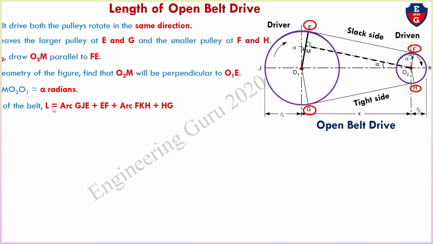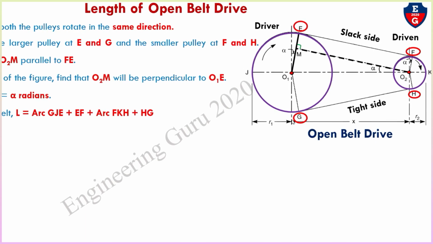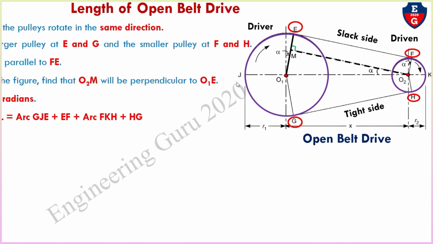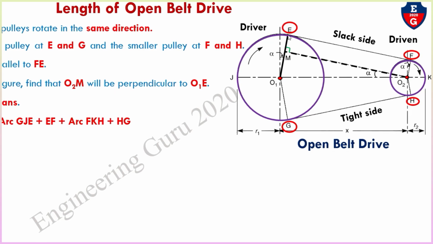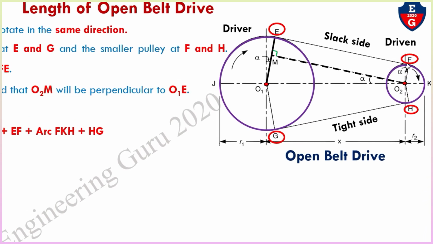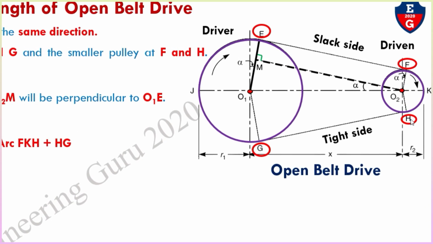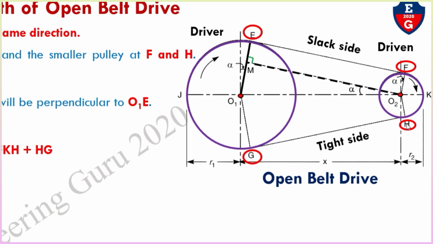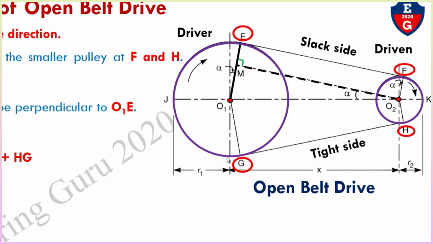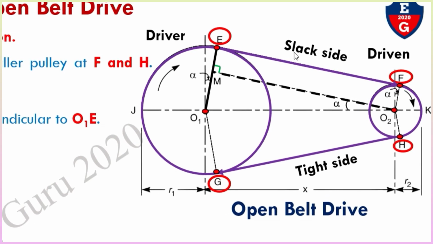The length of the belt is the most important thing. Total length of the belt equals arc GJE plus EF plus arc FKH plus length HG. So this is the total length of the belt.